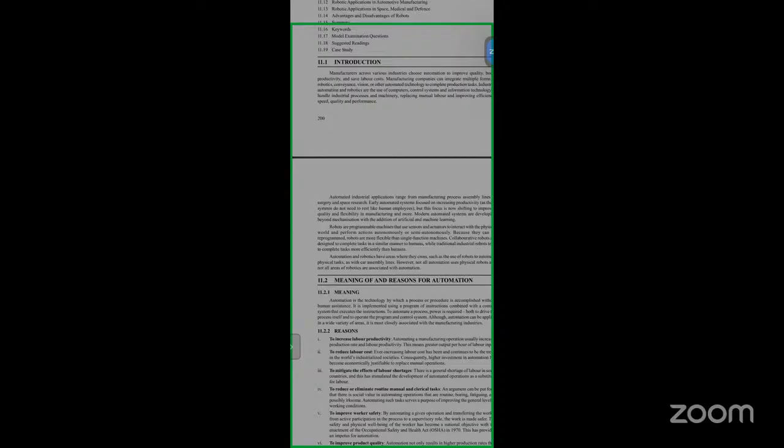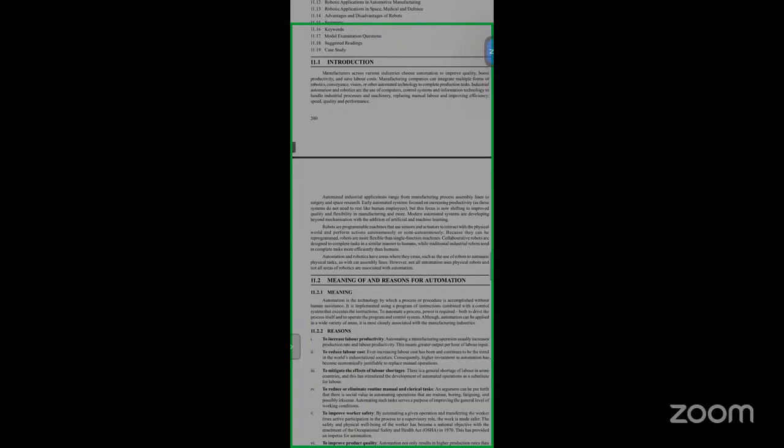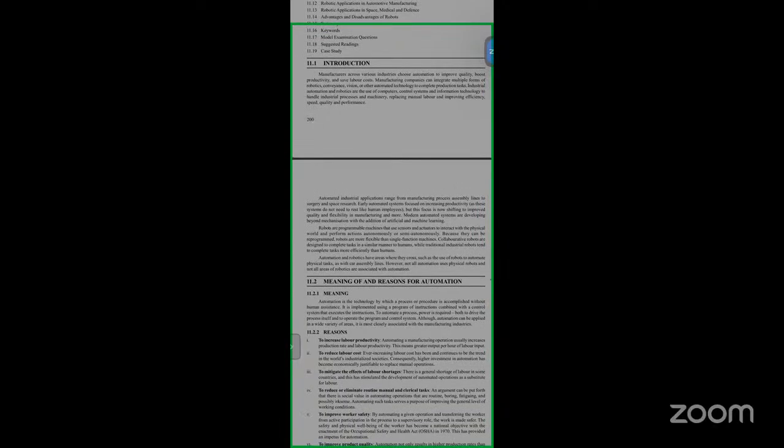Modern automated systems have developed beyond mechanization with the addition of artificial intelligence and machine learning. Robots are programmable machines that use sensors and actuators to interact with the physical world and perform actions autonomously or semi-autonomously. Because they can be reprogrammed, robots are more flexible than single function machines.